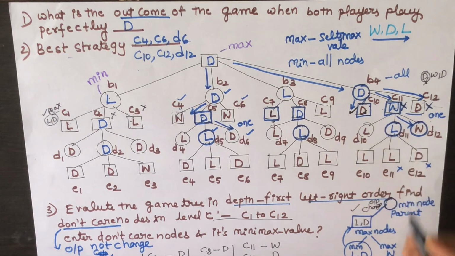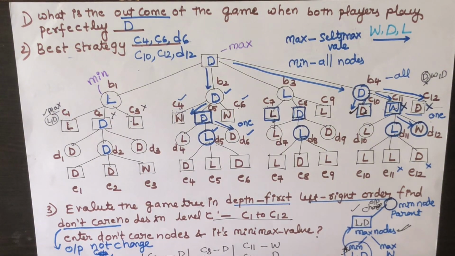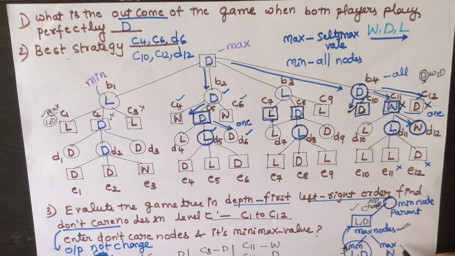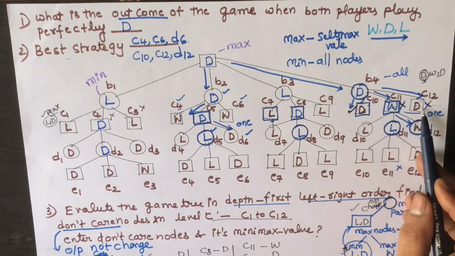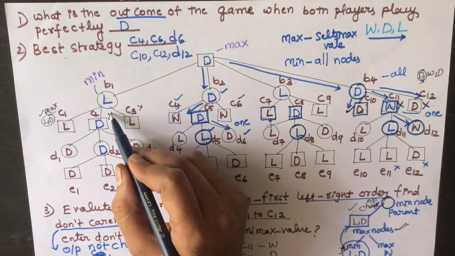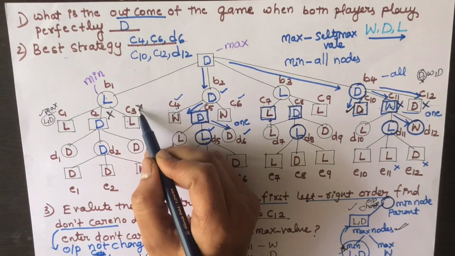When a max node has a minimum value, it only affects the output of the parent node. The rest of the children do not affect it. These two do not affect, and these two also do not affect.